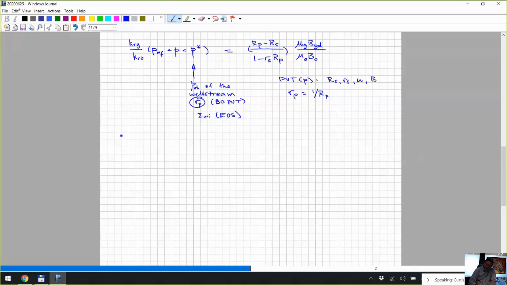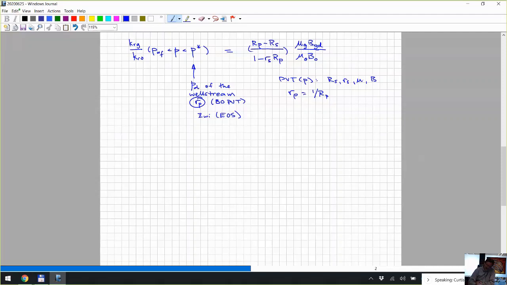Now, because of all the units and the black oil and all these things, I'm going to try to do it in a generic way, and then we'll come up with the equation that we would use in the case of using an equation of state, for example, or a laboratory PVT cell.